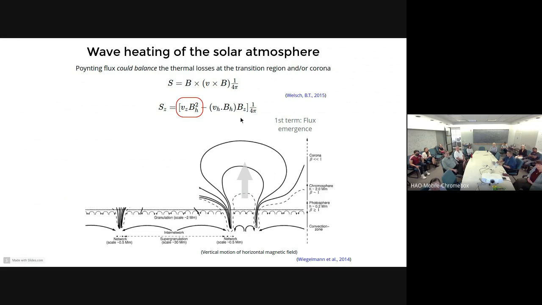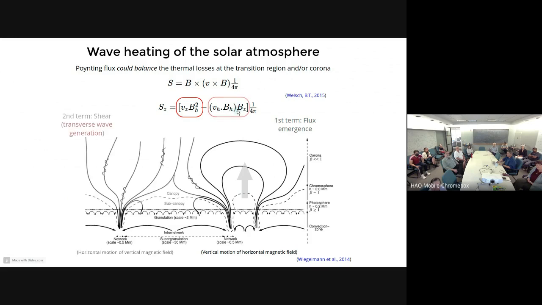However, the second term talks about the horizontal motion associated with the vertical component of the magnetic field. What that actually means is that we have the magnetic field lines being perturbed, and that is going to inject the transverse wave energy that we generally see into the other layers of the solar atmosphere.